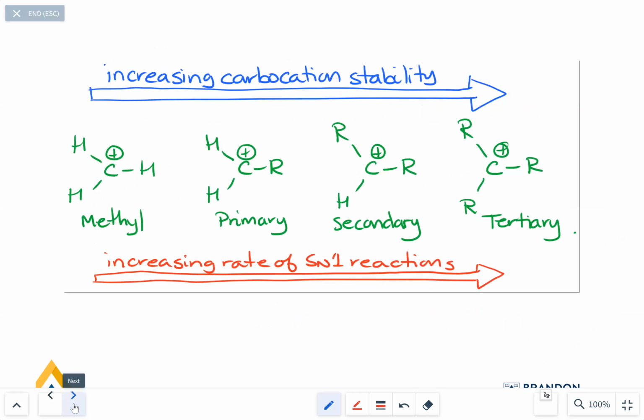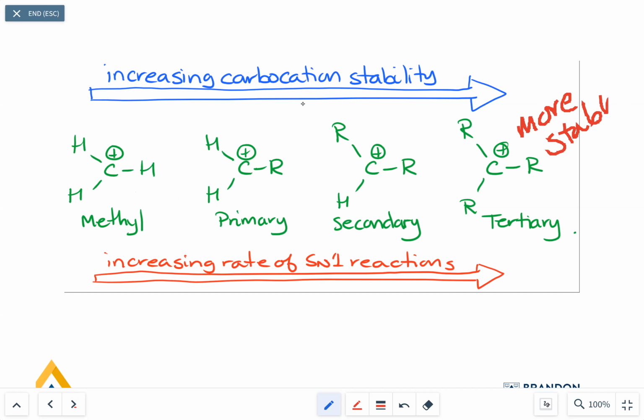So what this means is that tertiary alkyl halides will generate tertiary carbocations, and these will be more stable. Whereas methyl alkyl halides would generate very high energy methyl carbocation.